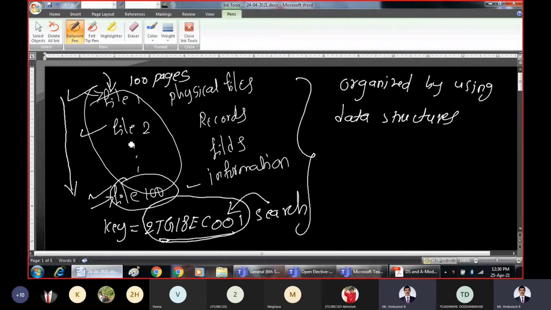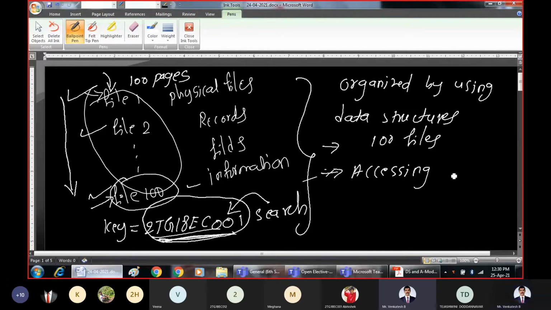But if it is a logical organization by using a file system or data structures, you can give the USN of this particular student and fetch the data immediately. That means accessing data is very easy. You have stored here, and here also there will be 100 files. You can just use the USN and access the data.